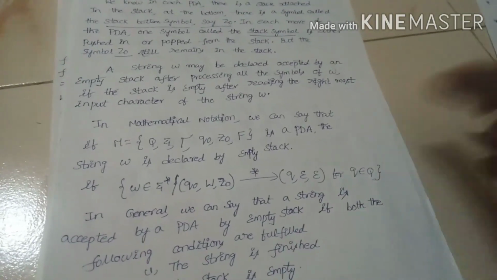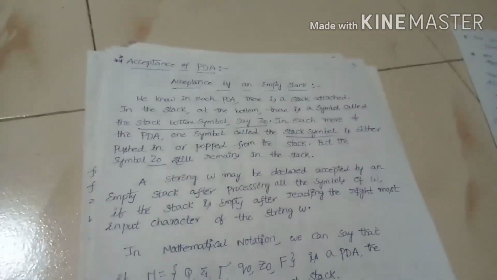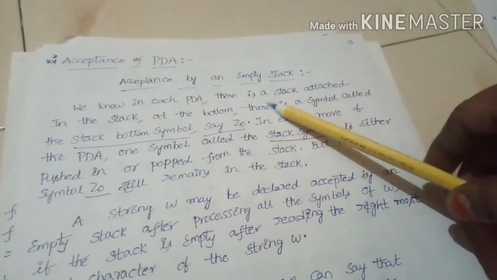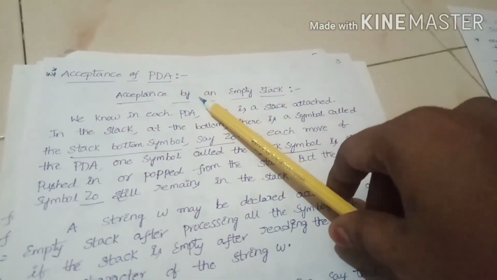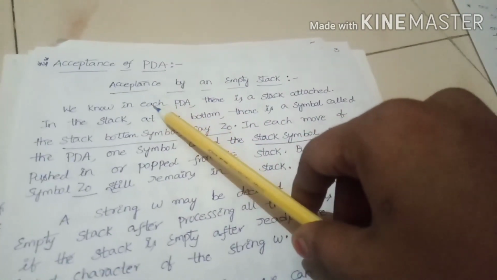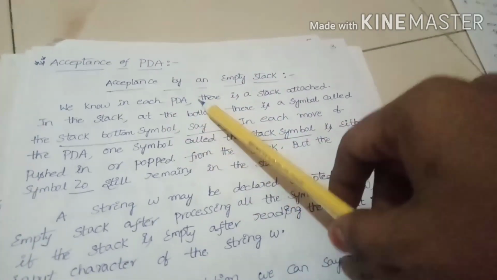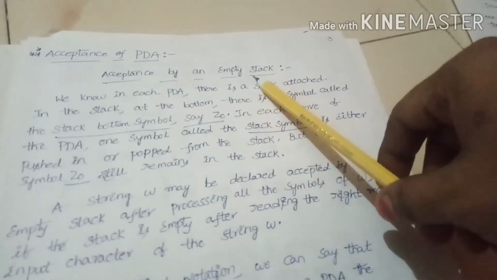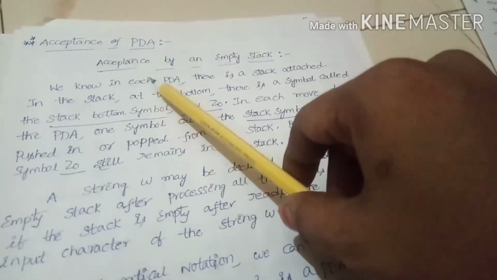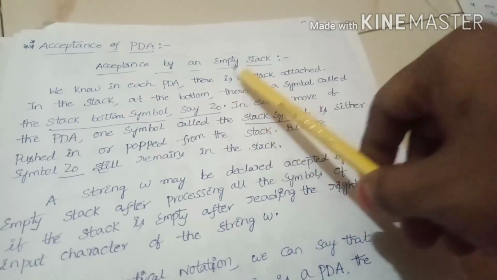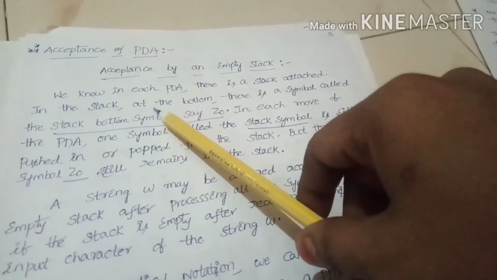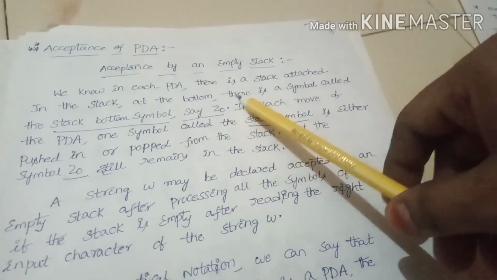The next topic is acceptance of PDA. In the acceptance of PDA we have two types: acceptance by an empty stack and acceptance by a final state. In acceptance by an empty stack, each PDA has a stack attached.